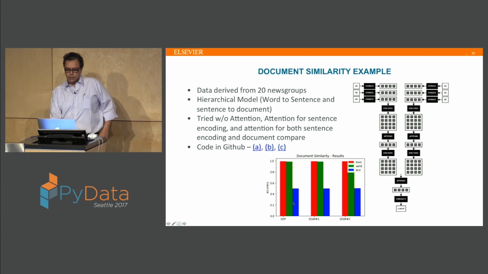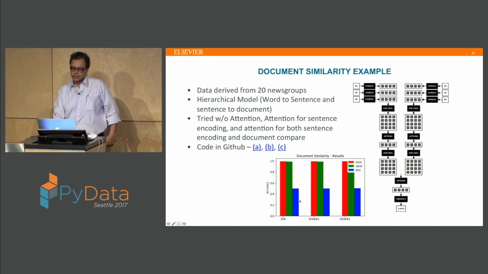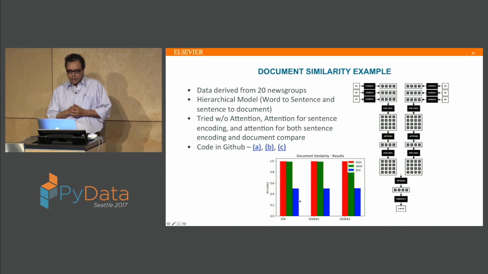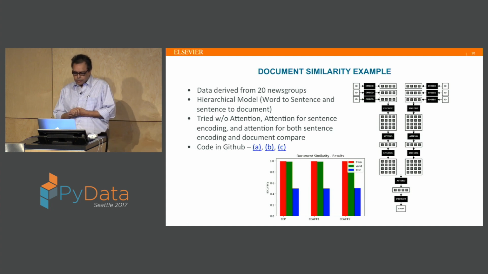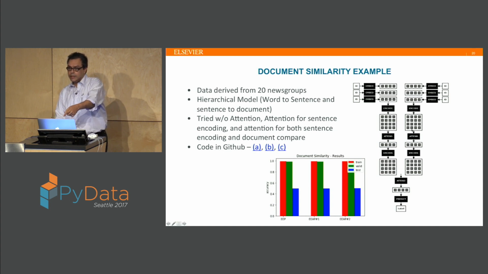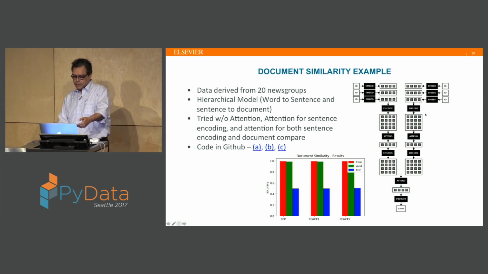It's a binary thing. Unfortunately, the results that I got were not great. As you can see, it barely moves across the three different types. Initially I tried it without attention, so I depended on the LSTMs to encode it for me. Then I just concatenated the two document vectors and predicted on that. Then I did attention only for sentence encodings, like here.